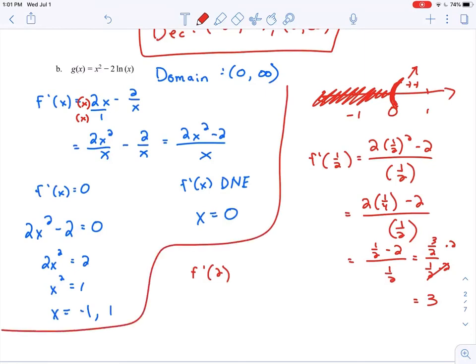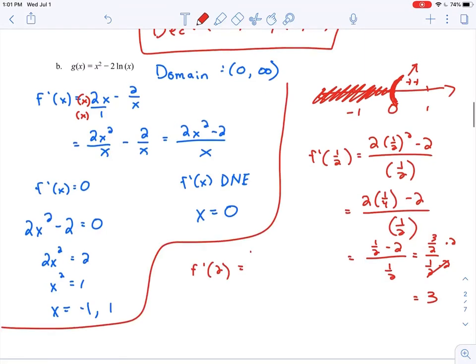F prime of 2 is equal to 2 times 2 squared minus 2 all divided by 2. 2 squared would be 4, times 2 is 8 minus 2 over 2. This is really 8 minus 2, 6 over 2. This time I get a positive 3 again. What do you know? So my function is increasing as well on the right-hand side of 1.